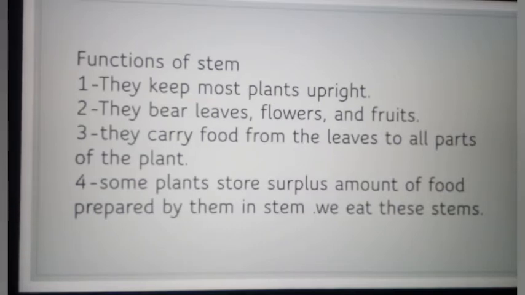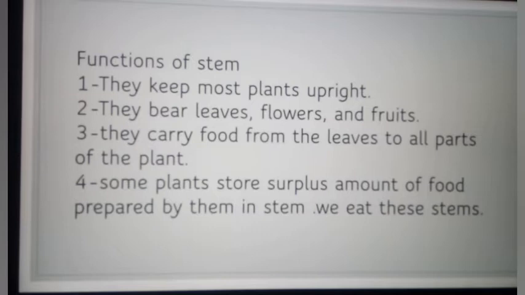First, as you can see, they keep most plants upright. And the second thing, they bear leaves, flowers and fruit. If you have plants around you at your home or in your nearby area, you can observe very easily that leaves, flowers and fruits are all growing on the stem.